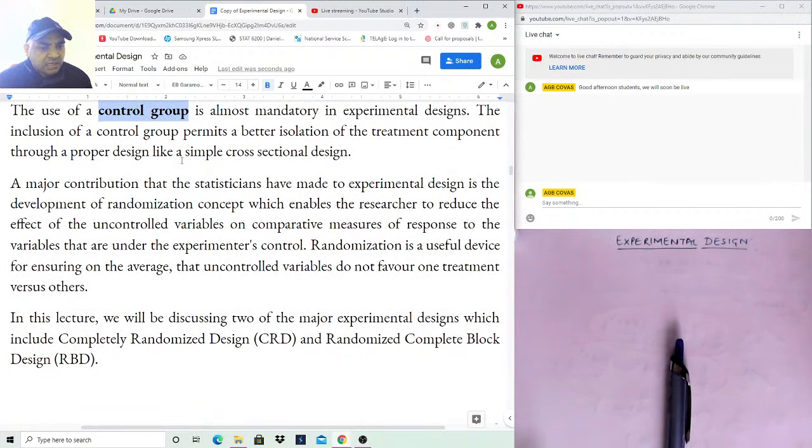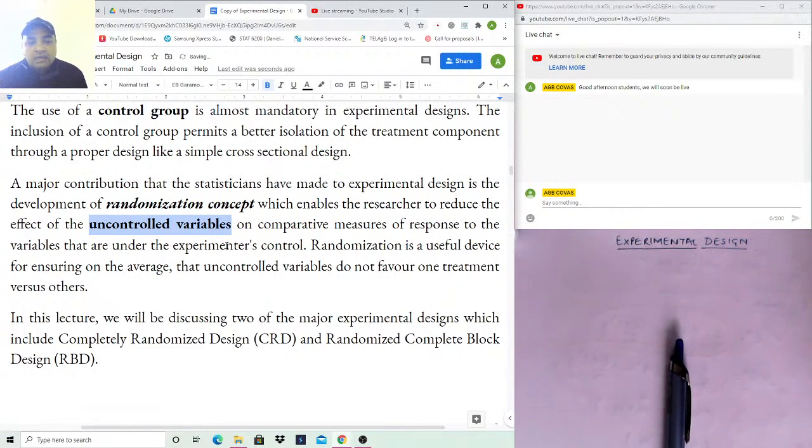Now, a major contribution that the statisticians have made to experimental design is the development of the randomization concept. This is very important. Okay, what is the randomization concept? That which enables the researcher to reduce the effect of uncontrollable variables. That is, those variables which are not under the control of the investigator can be controlled using the randomization scheme on comparative measures of response to the variables that are under experimental control.